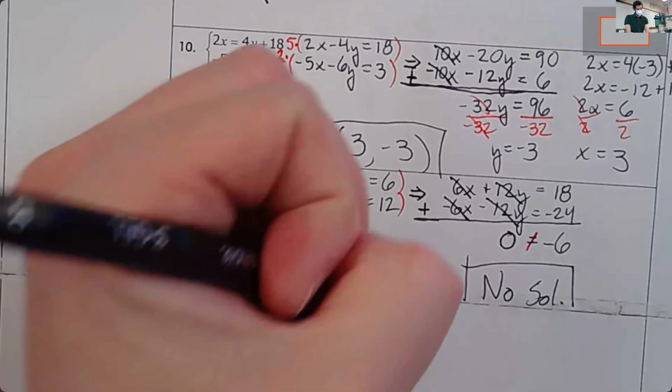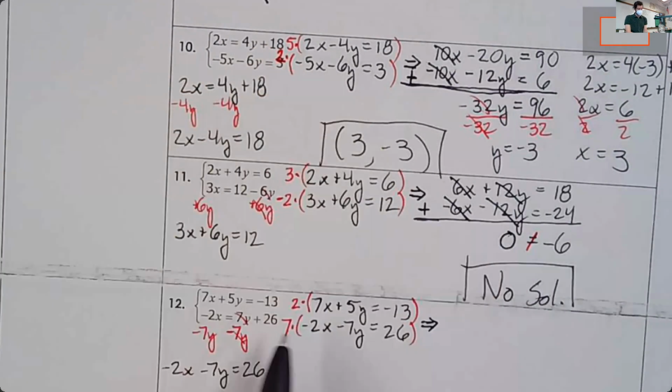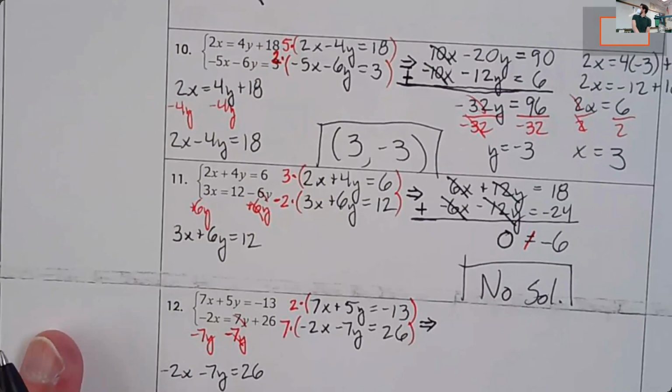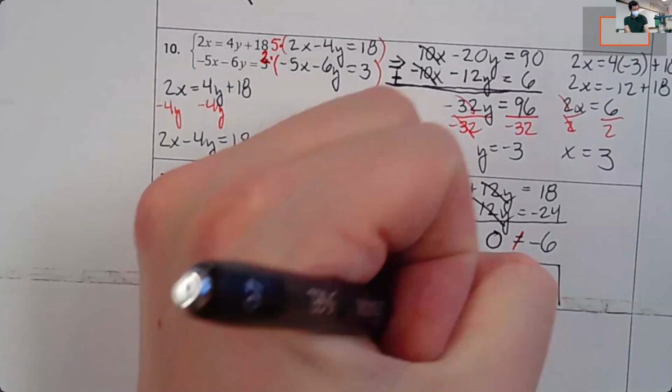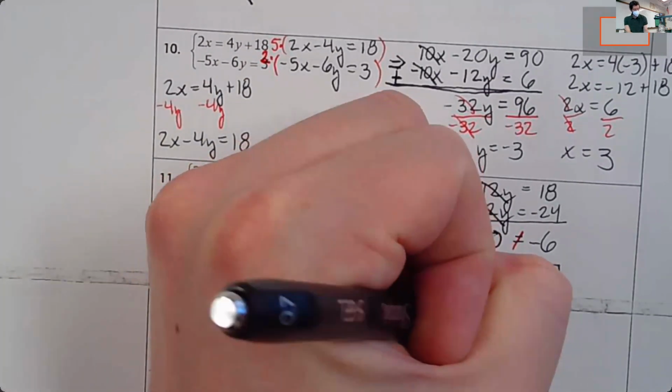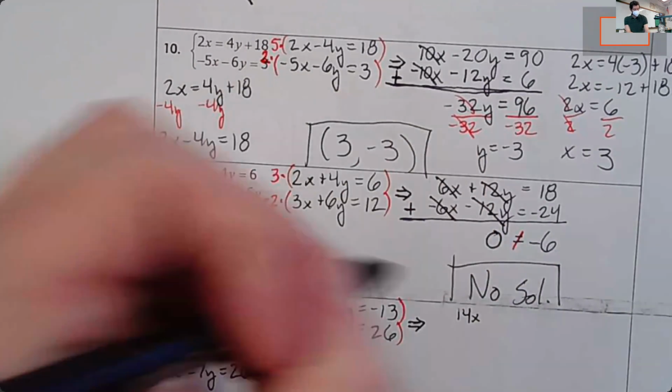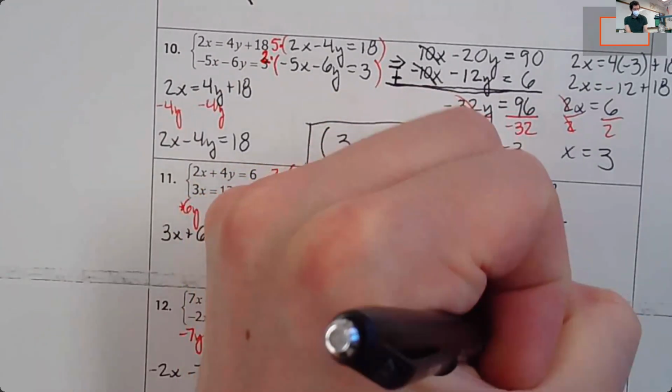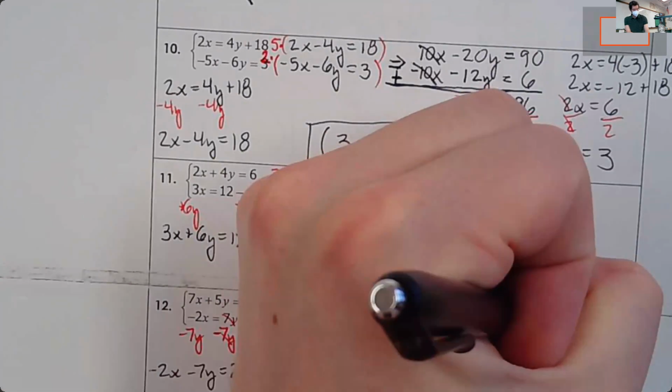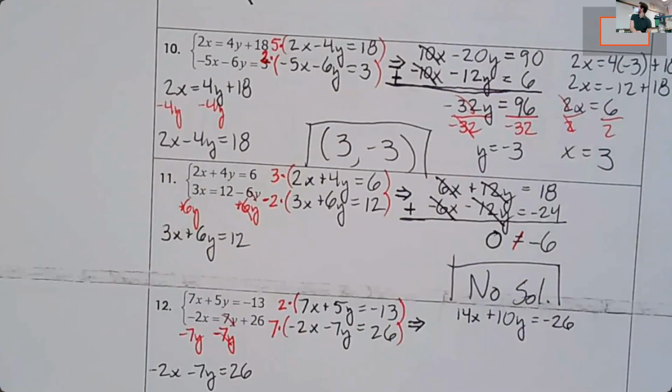So everything on the top equation gets multiplied by 2. So we're looking at 2 times 7x, that's 14x. 2 times 5y is 10y, so plus 10y. And then 2 times negative 13 is negative 26.